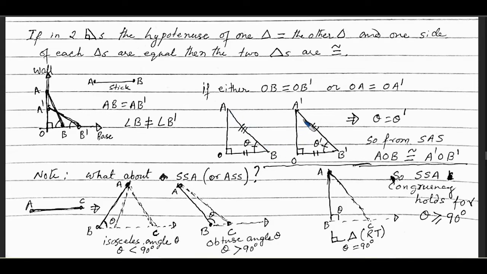This hypotenuse is that stick AB, and this side is equal to this side, and the hypotenuse is given as only one stick. So this angle will always be equal to this angle because they are overlapping. So from side, angle, side, triangle AOB is congruent to A prime OB prime.